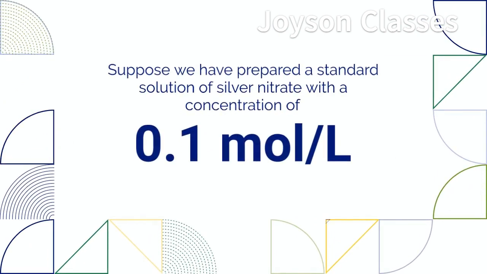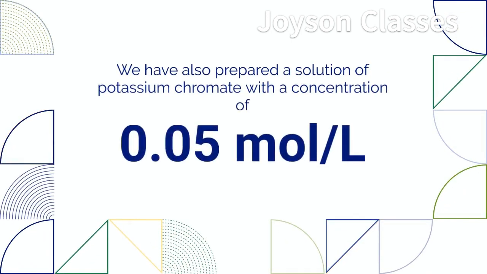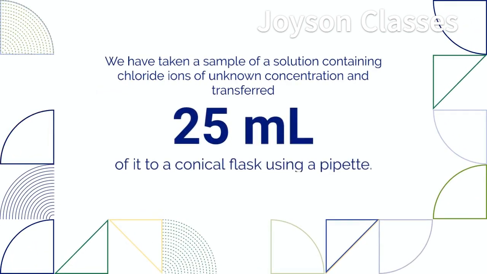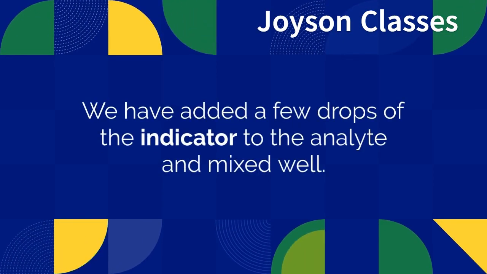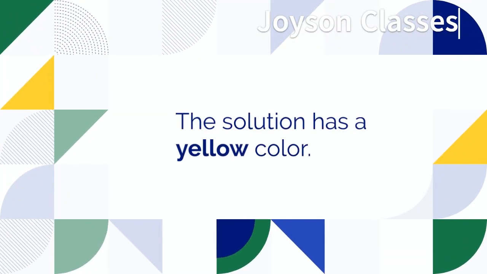Suppose we have prepared a standard solution of silver nitrate with a concentration of 0.1 moles per liter. We have also prepared a solution of potassium chromate with a concentration of 0.05 moles per liter.